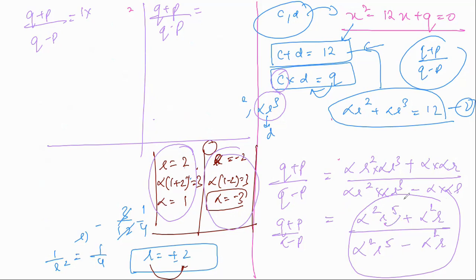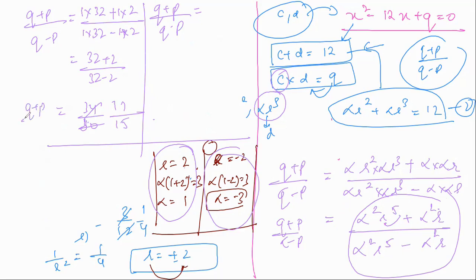When R is 2, 2 raised to the power 5 is 32, plus alpha square is again 1, and R is again 2, over 1 times 32 minus 1 multiply 2. So it will be 32 plus 2 over 32 minus 2. So it will be 34 over 30, which is 17 over 15.